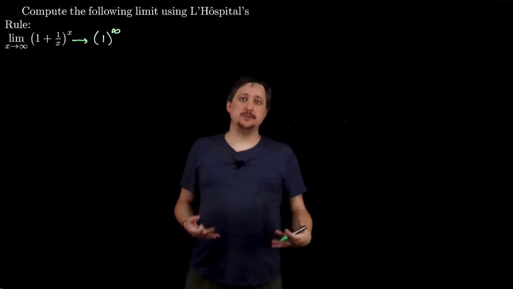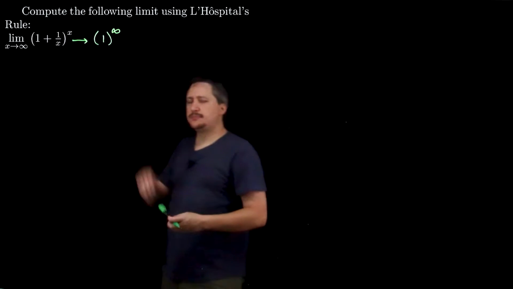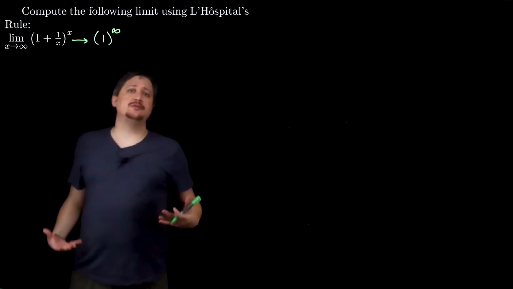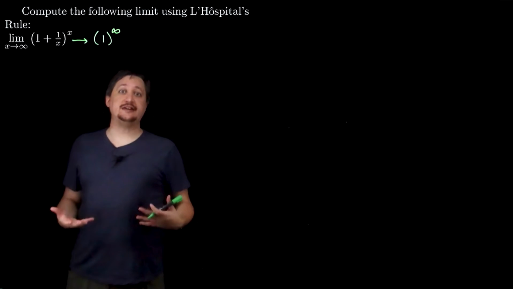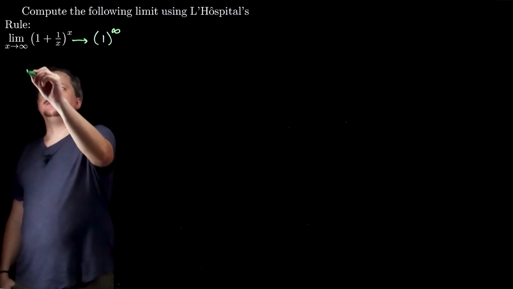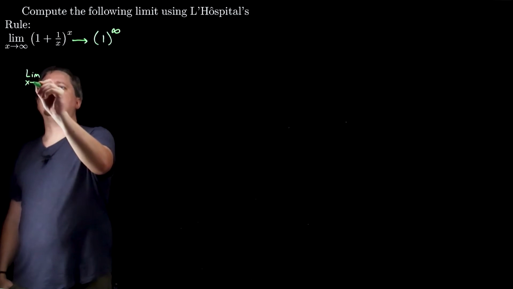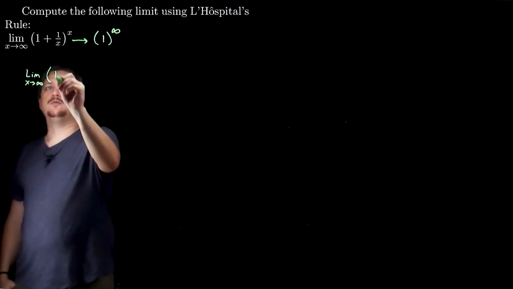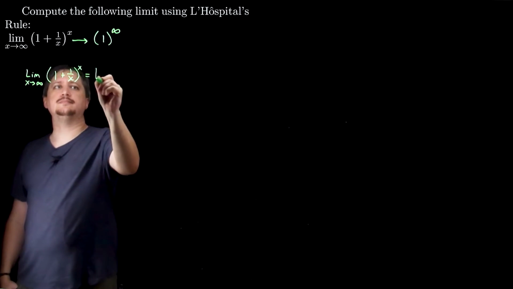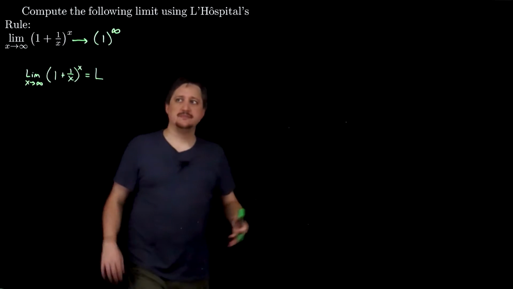So how do we get it to be in L'Hopital's form? Well, let's assume for a moment that the limit exists, and let's give it a name. I'm going to claim that the limit as x goes to infinity of 1 plus 1 over x to the x equals some L, some number.